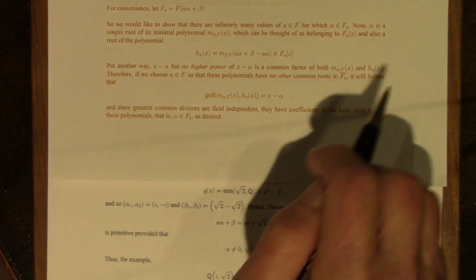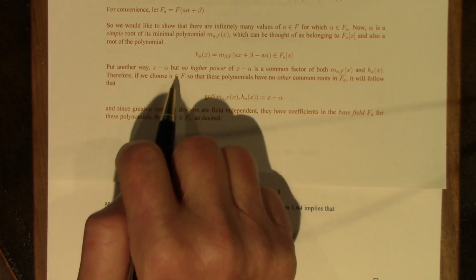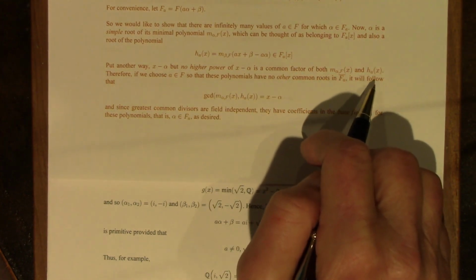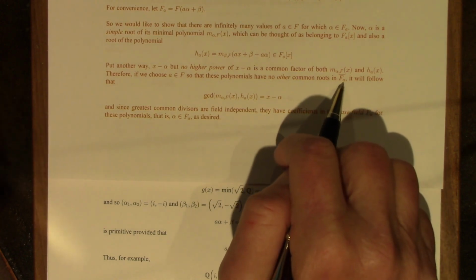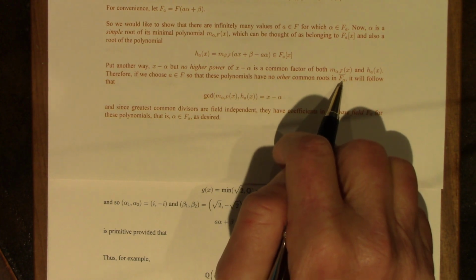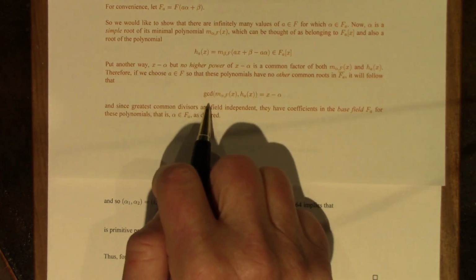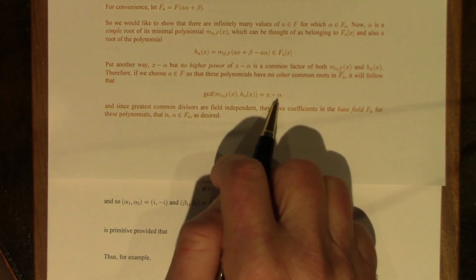So if we can choose a in F so that these two polynomials have no other common roots in any extension, in particular in an algebraic closure, it will follow that the only common factor of these two polynomials is x minus alpha, and so the GCD, the greatest common divisor of these two polynomials, is x minus alpha.